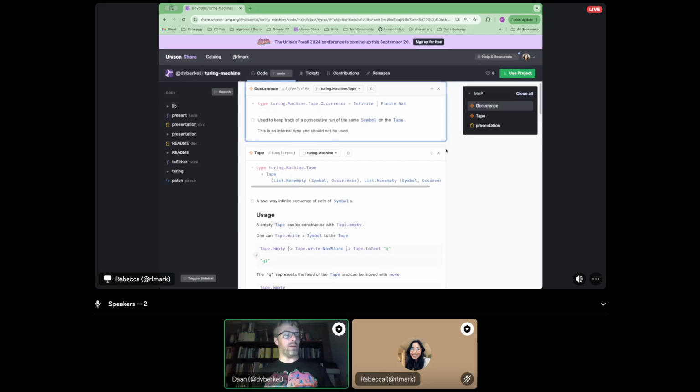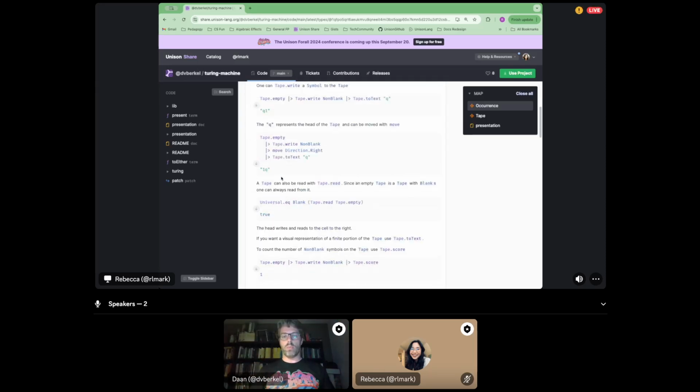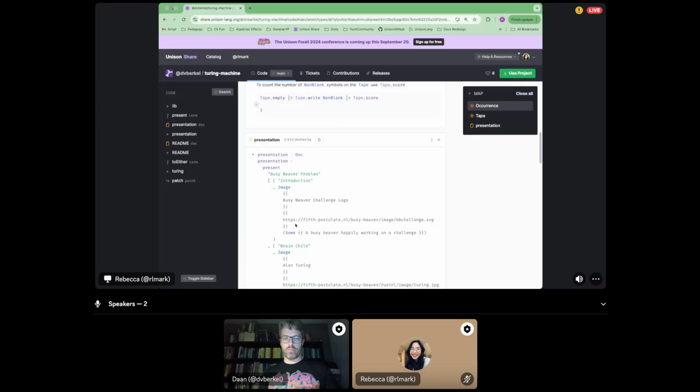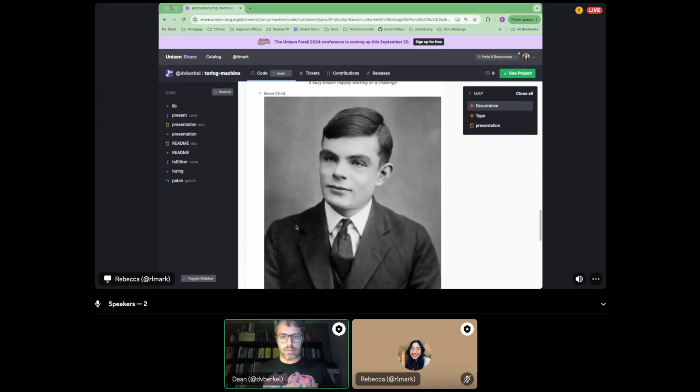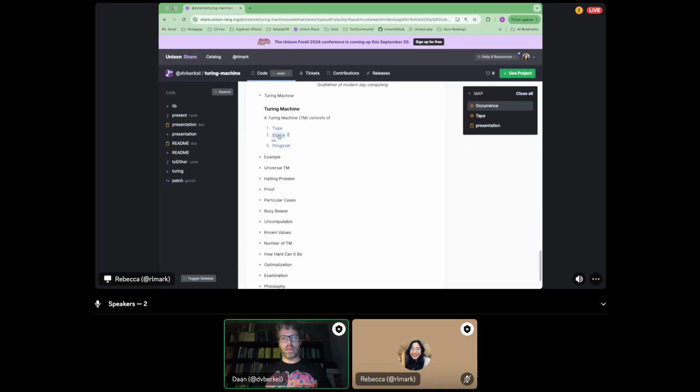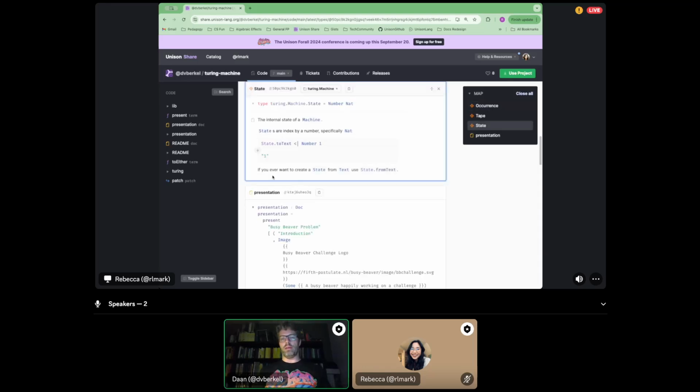The other thing that a Turing machine is made up of is state. So if you scroll down to where the slides are, at least if you call it slides, it's the presentation. Yeah, here we go. The state, if you follow the definition, is nothing more than a wrapper around a natural number. So we can differentiate them, but they don't hold any more information. And the other interesting thing is the program.